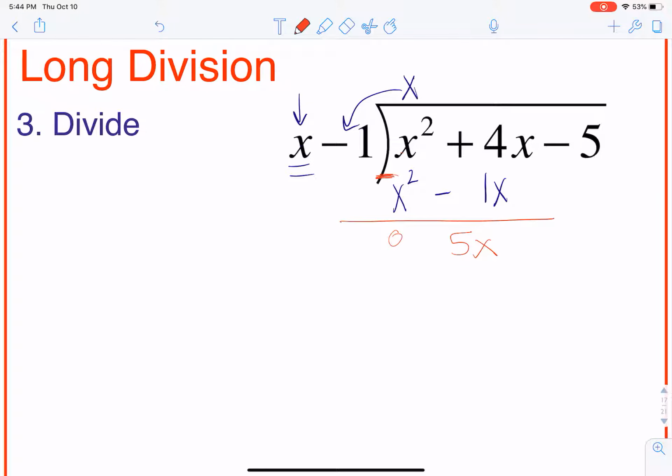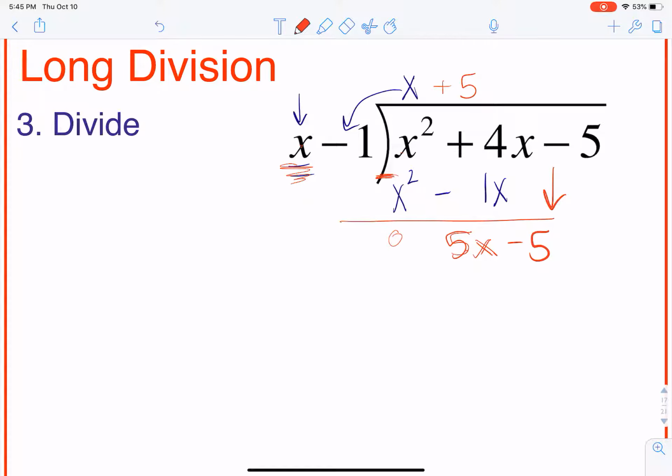Okay? So now I want to say to myself, looking at this x again, what do I have to multiply x by in order to get to 5x? So I need to multiply that by 5. So I will add 5 up here. Oh, sorry guys, let's just back up one step here. Once we get this 5x after we subtract, don't forget we have to bring down the minus 5.